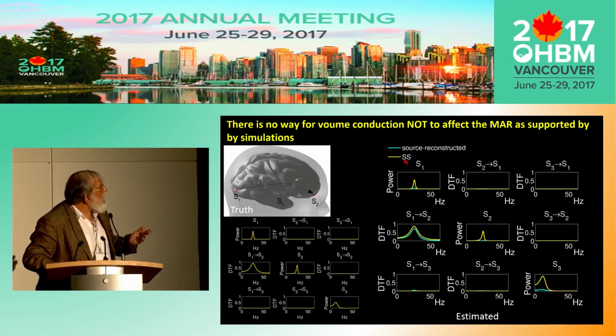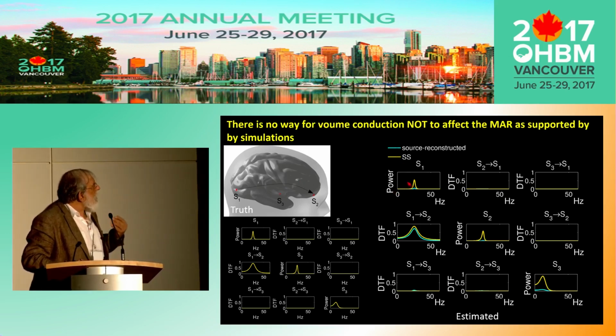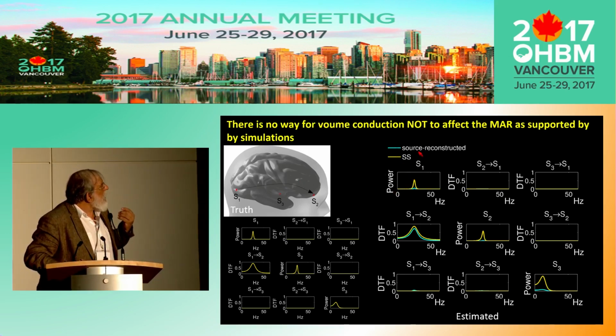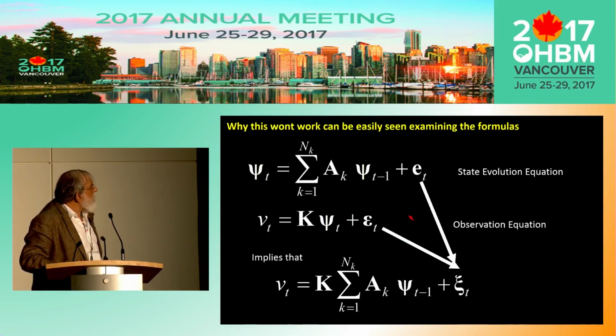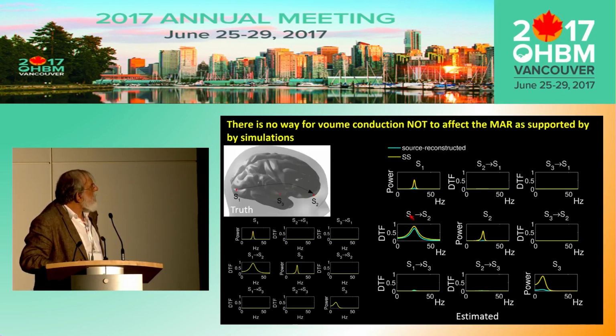This is source space estimation of the directed transfer function, and this is the source reconstruction in cyan, and then sensor space in yellow. We can see that there's false positives, and it's not surprising. I only have to look at the math to notice this.